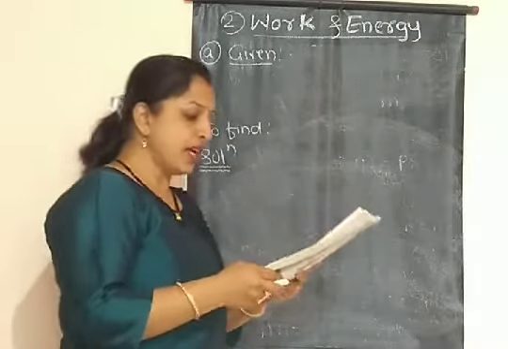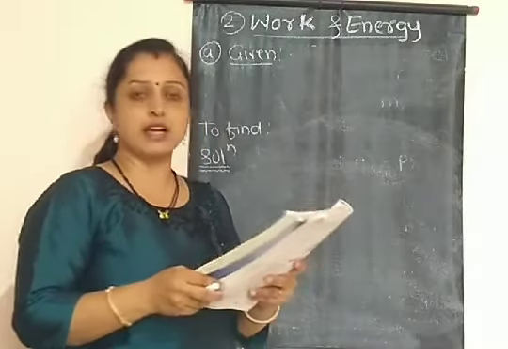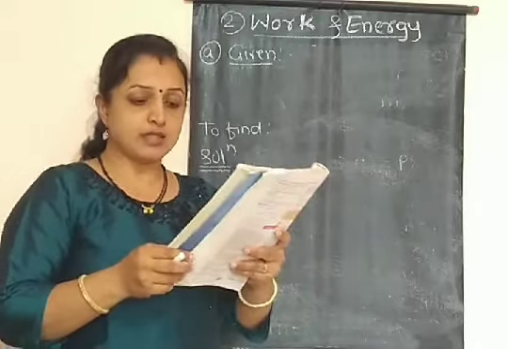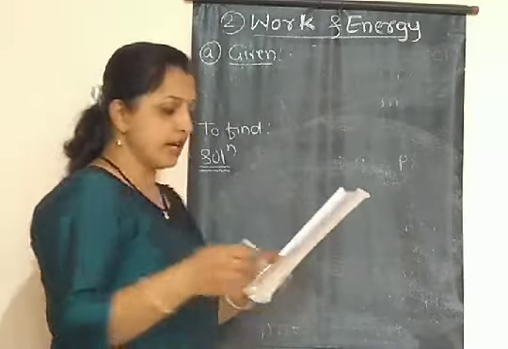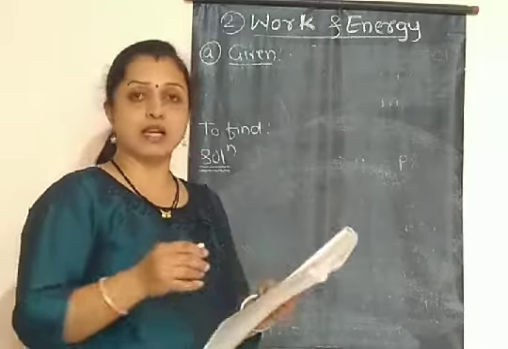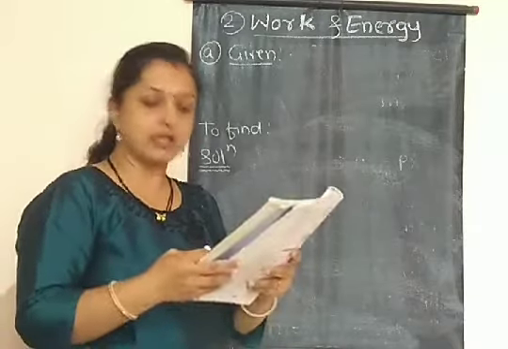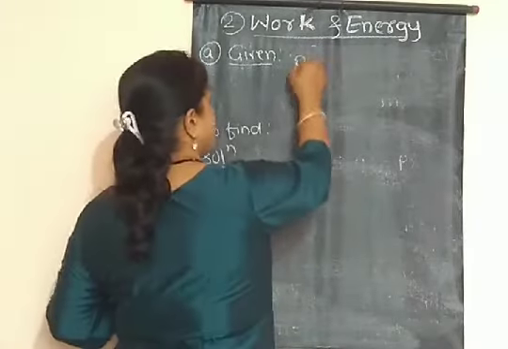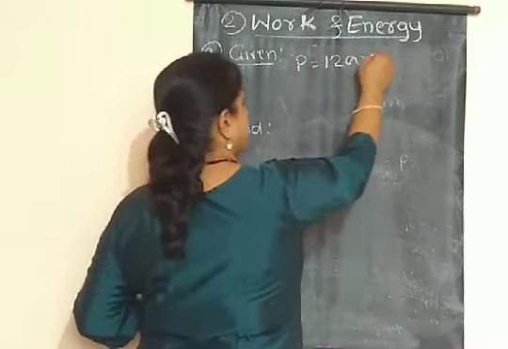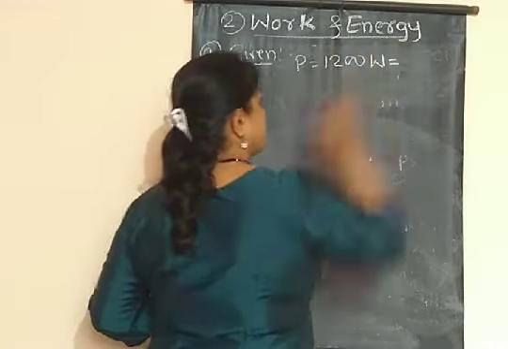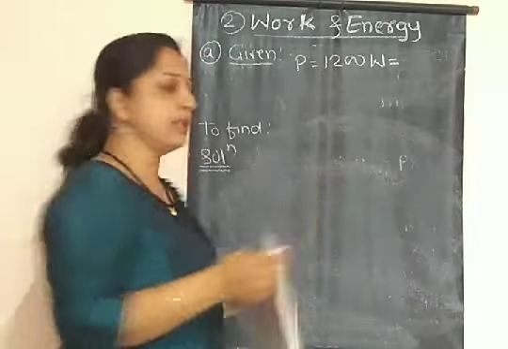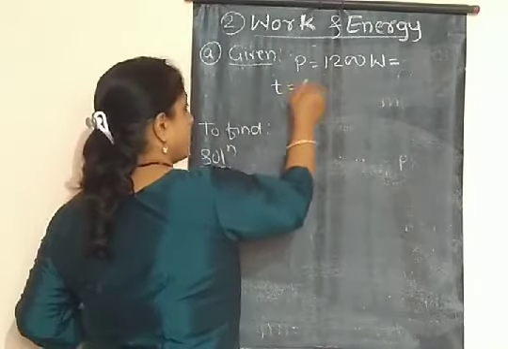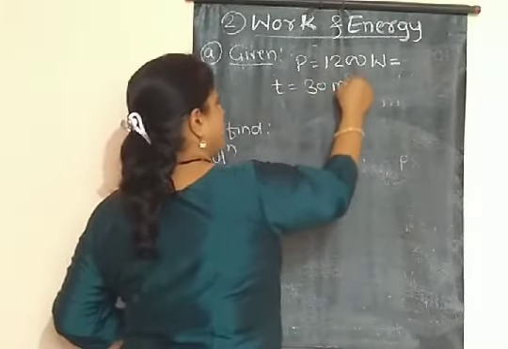If a 1200 watt electric iron is used daily for 30 minutes. So first write down here 1200 watt, that is nothing but the power of that electric iron. So P is equal to 1200 watt. Then it is used daily for 30 minutes, it means time given is 30 minutes.